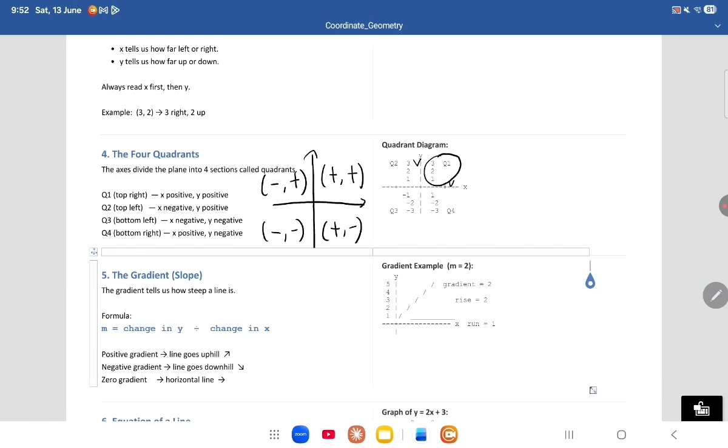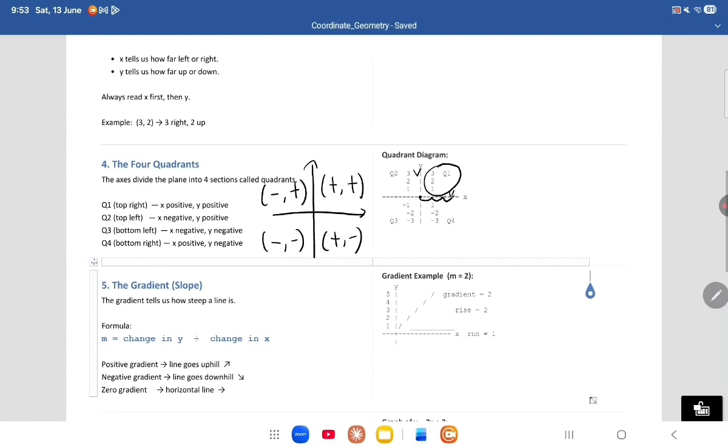If you go to the right side from the origin, let's say 3 steps, or 2 steps, 1 step, 100 steps, that basically means the x value is positive. And if you go up, that's how you get to the first quadrant. That means the x value and y value both are positive. So that's why I drew this one here.